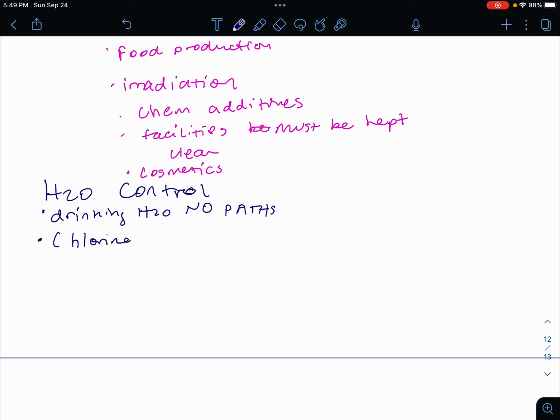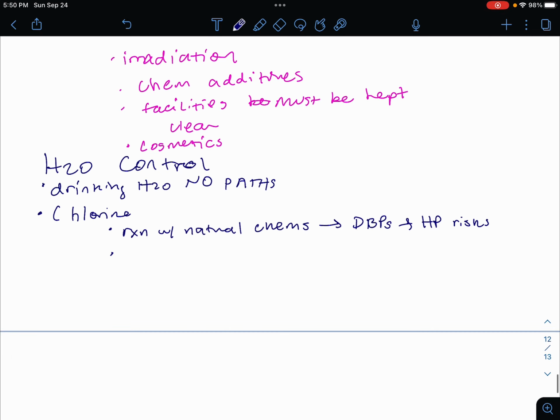Unfortunately, the chlorine can react with natural chemicals in the water to create disinfection byproducts, DBPs, and these have health risks. So we have to monitor the amount of chlorine. Even though it does work in disinfecting water for the most part, we have to monitor it because of these DBPs.